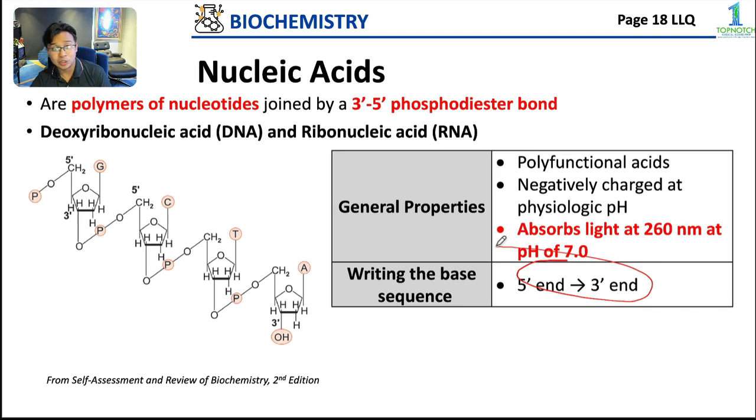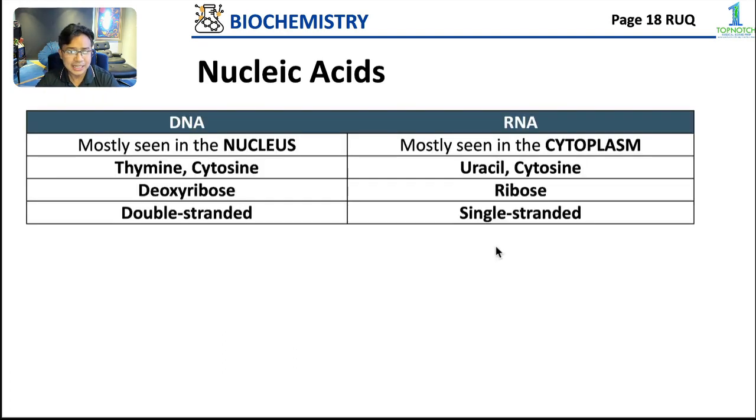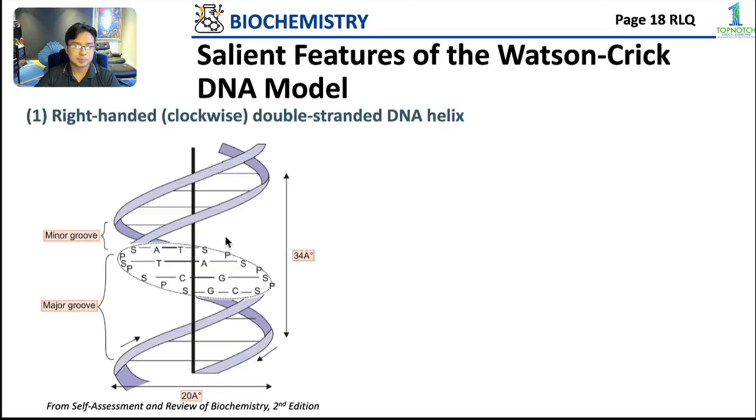That's how you write or read them. DNA is found mainly in the nucleus, while RNA is in the cytoplasm. As mentioned, deoxyribose is the predominant sugar in DNA, while ribose is the parent sugar for RNA. DNA is double-stranded most of the time, while RNA is single-stranded.